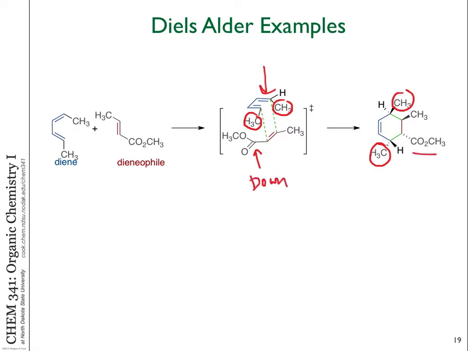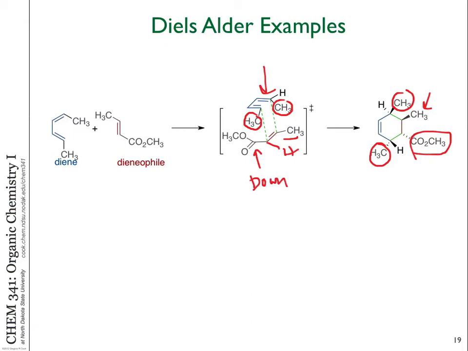So I've drawn that down here. This group, since it's pointing out, along with that hydrogen, that's going to be up. And so if you think about how that all comes together, you should be able to predict how those two would come and form this product.